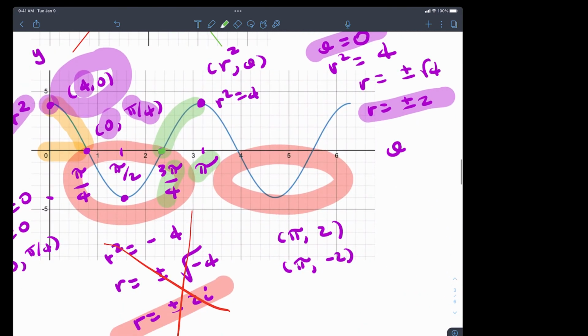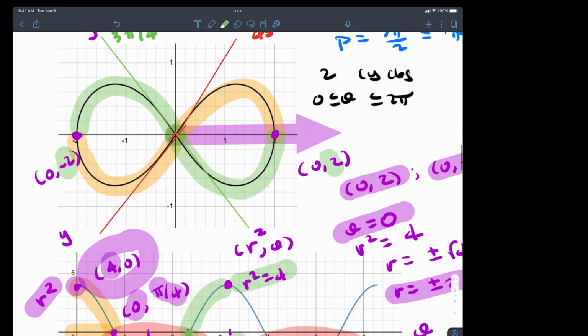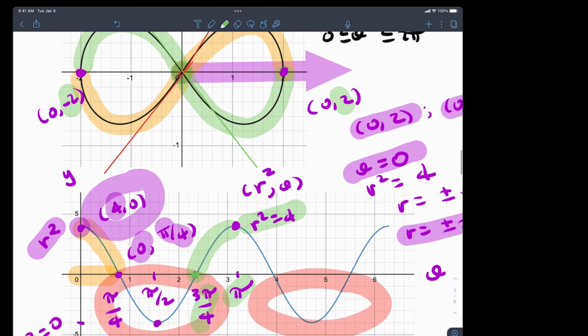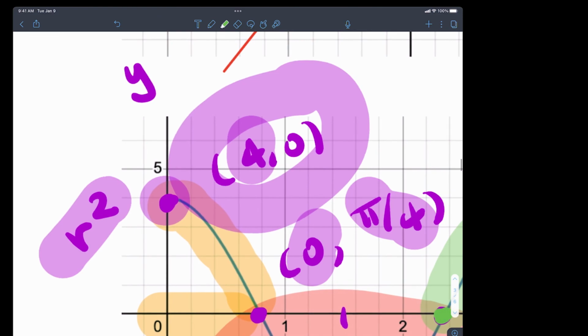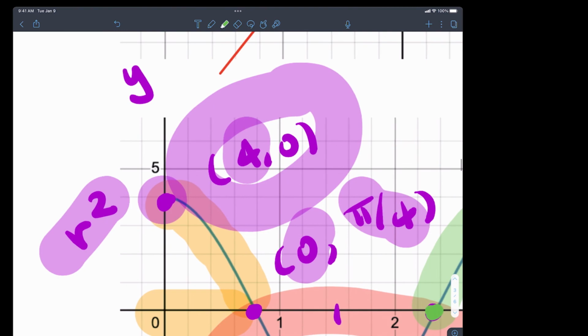Okay, all because of this concept there. That's what I'm referring to. So you only care about what's above the what? Theta axis or x-axis, but don't forget r squared is what you're looking at. You're not looking at r. You have two values, and your radius for r can be negative.